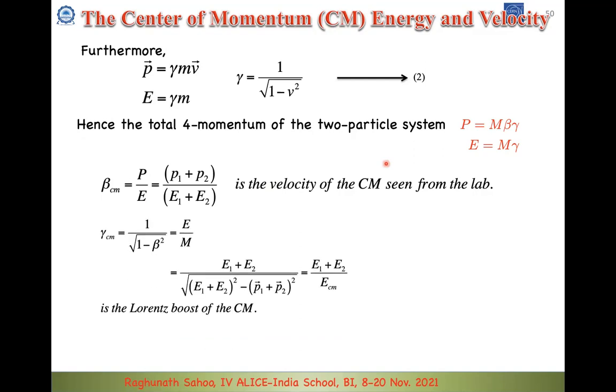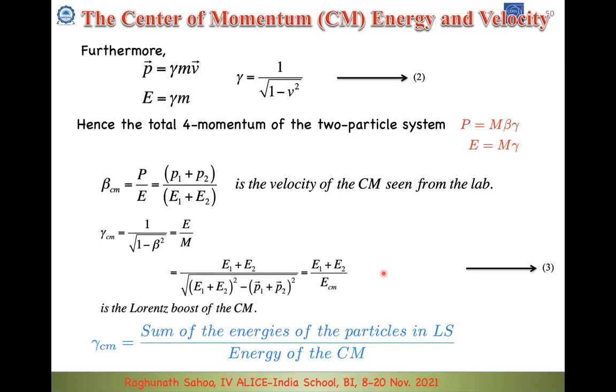What is my gamma center of mass? What is the boost of the center of mass with relation to the laboratory system? That is again defined taking this beta center of mass, and this has to be E by M by definition. And once I put all these things together, I will find this is E1 plus E2 divided by E center of mass. So this is the Lorentz boost of the center of mass.